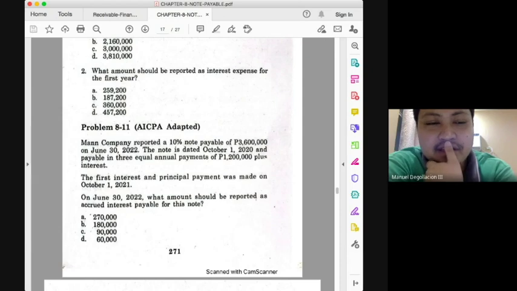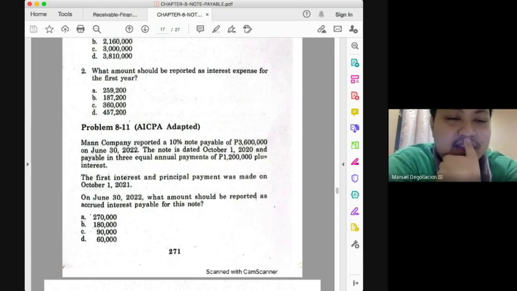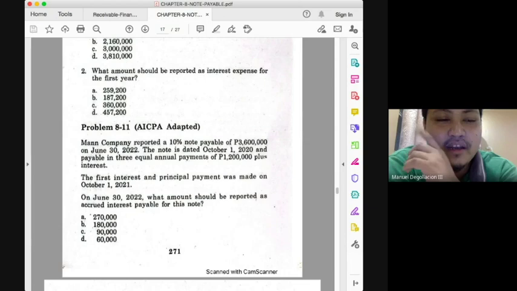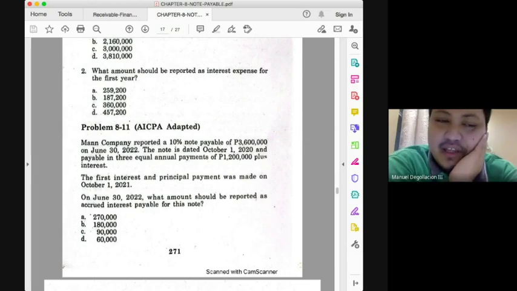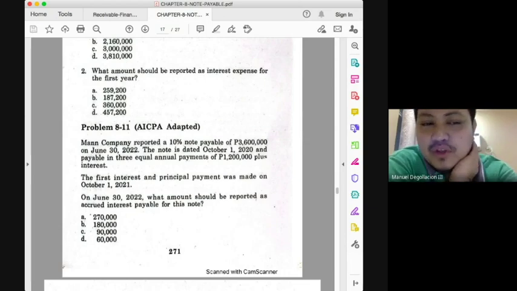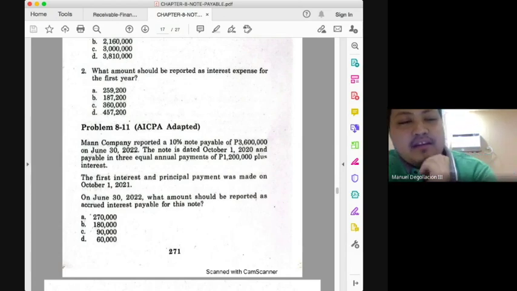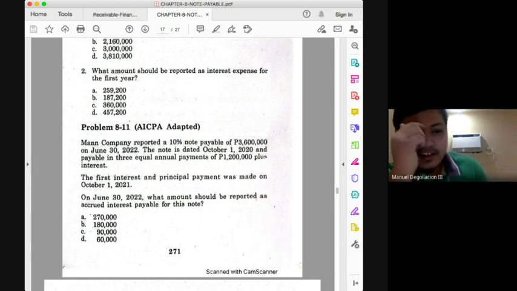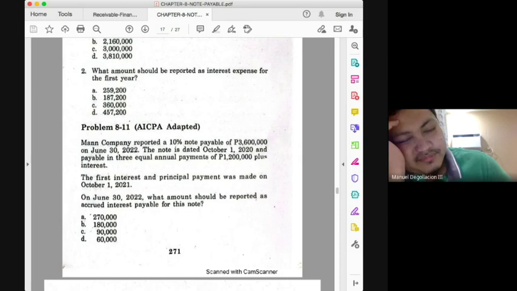Okay, and it is considered still an accrued interest payable because payments will only happen every October. So by June 30, the interest earned from October 1, 2021 to June 30, 2022 would remain unpaid. So basically, we will just be computing for the interest that was earned from October 1, 2021 to June 30.